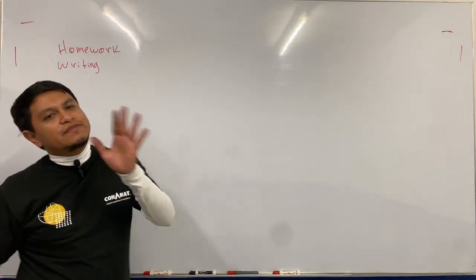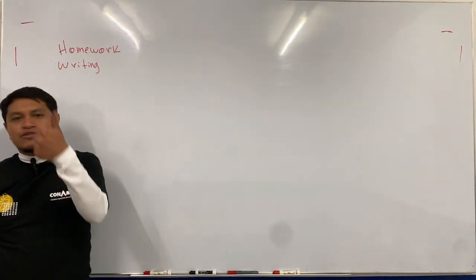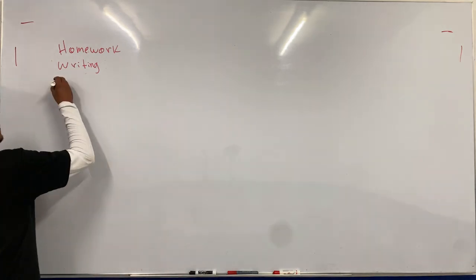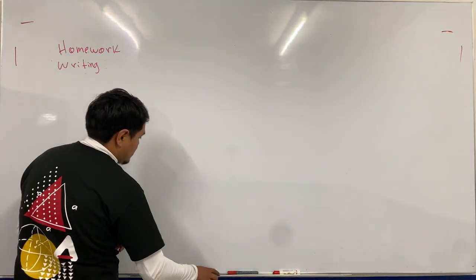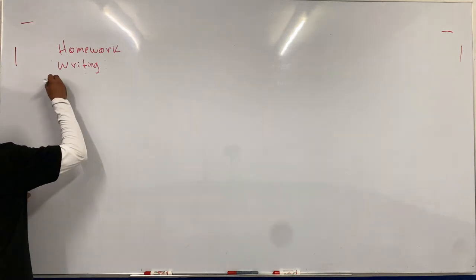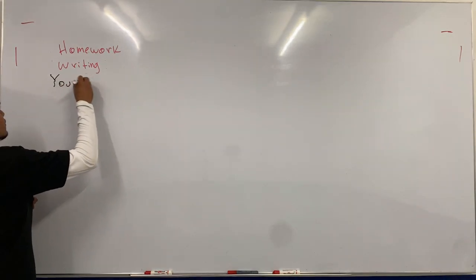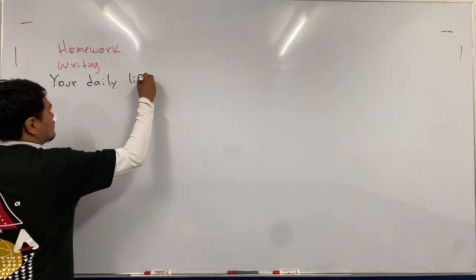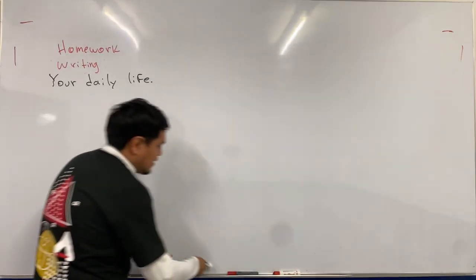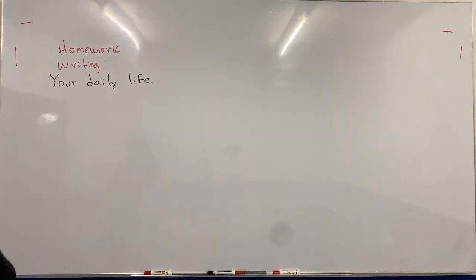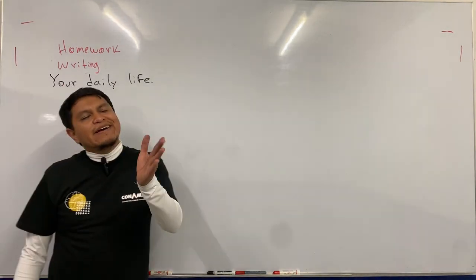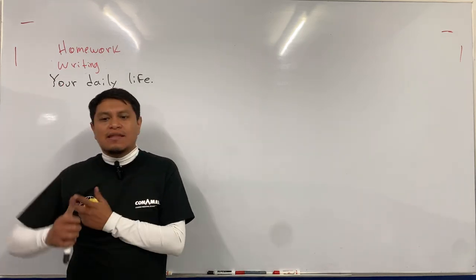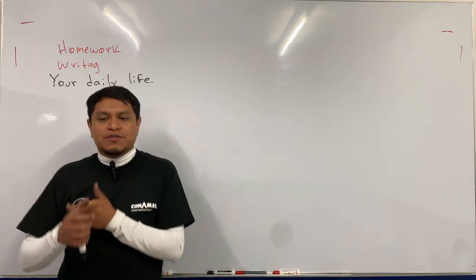Now, check this. Your daily life. This is the name of this part. Your daily life. Right? Your daily life. Now, think about what do you do in your daily life, in your spare time.